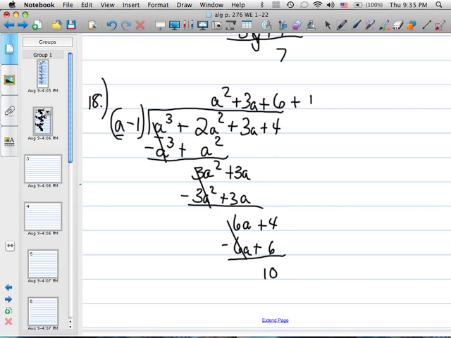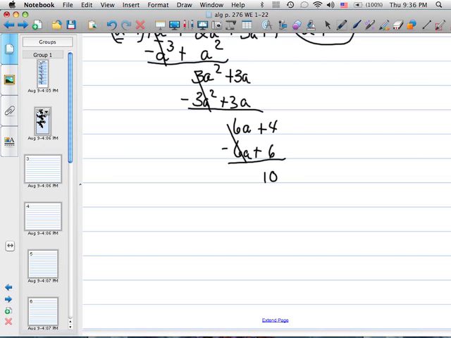So put 10 over a minus 1, and here is our answer. Number 20. Our divisor is n minus 1, and our dividend is n cubed minus 1.